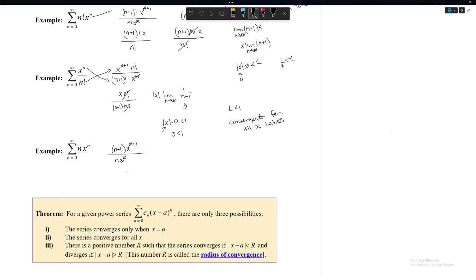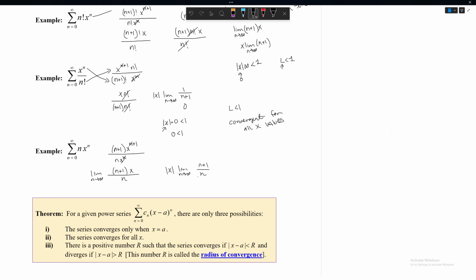This goes out with this. I got n plus 1 times x over n. So now what I want to do here is take my x out of the limit. So what I'll get is absolute x, limit as n goes to infinity, n plus 1 over n.